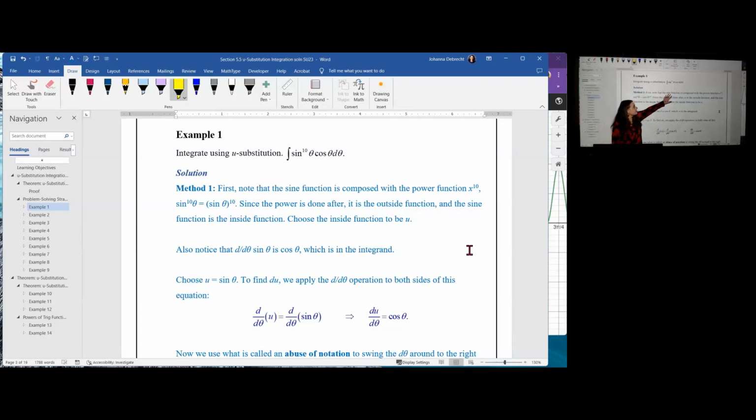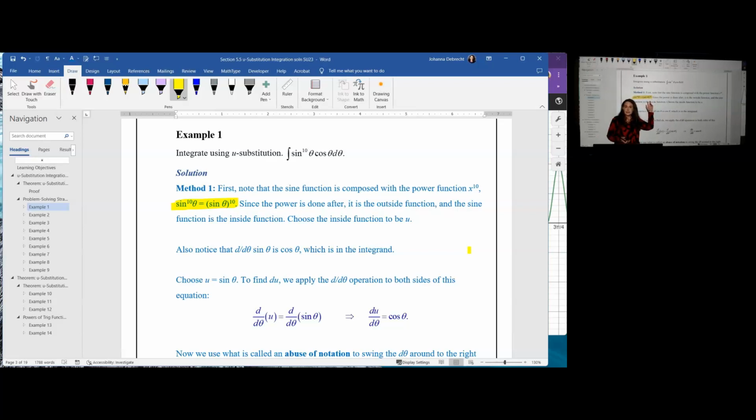Note that the sine function is composed with the power function x to the 10th. In this case, we can take sine to the 10th of theta, and we can rewrite it instead as the sine of theta raised to the 10th power. That means the inside function is evaluated first, sine of theta, and then we raise it to the 10th power.